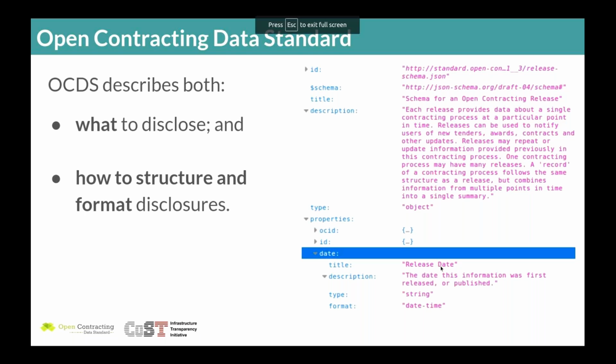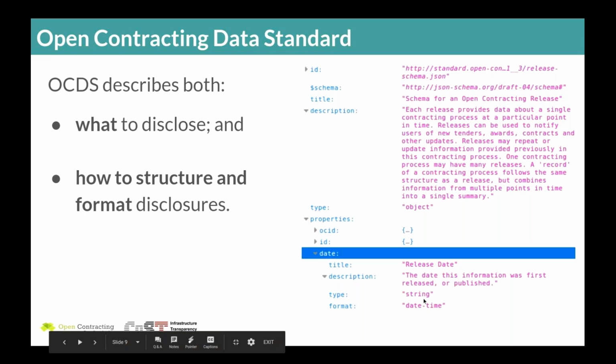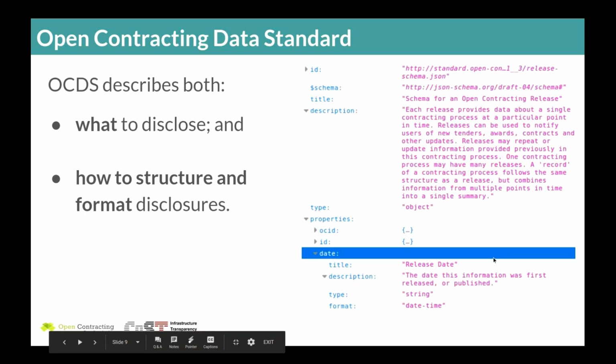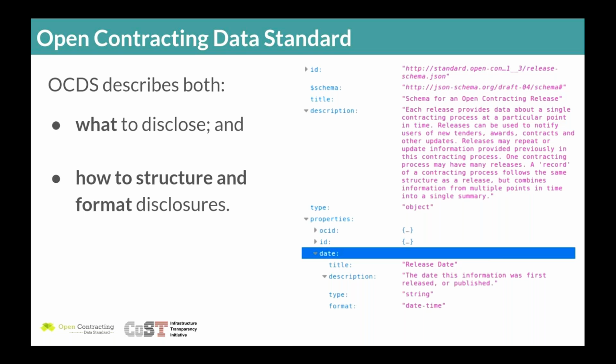So for example, you can see that the release date here has a title of release date. It's got a description saying exactly what the information should be, and it's got a type, so it has to be a string, but also it has to be formatted as a date time. So any machine or human trying to read the data standard will know that the date field should be a date time string.